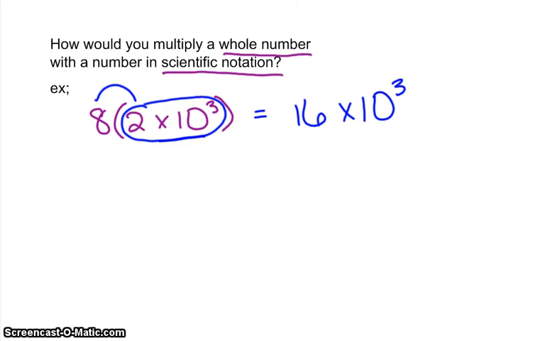Now, the only problem is this is not scientific notation. Check out this number right there. It's too big. If I want to make a scientific notation, I would have to change that 16 into a 1.6. Well, I just moved the decimal place one place over, so we're going to have to somehow incorporate that into our exponent.